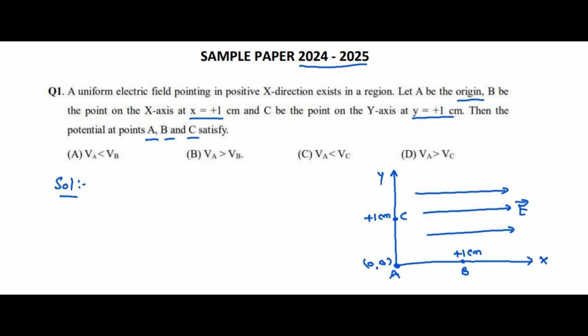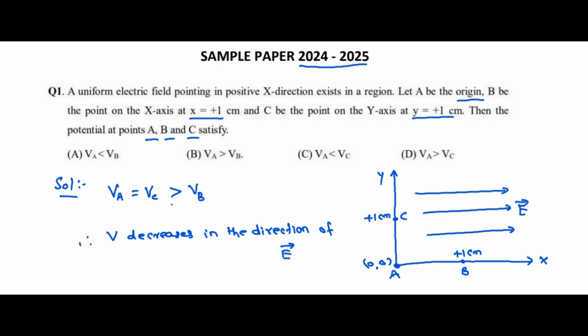Now here the potential at A is equal to the potential at C. Why? These two points are along the direction perpendicular to the direction of E. And this value will be greater compared to the potential at point B. The reason is V decreases in the direction of the electric field.